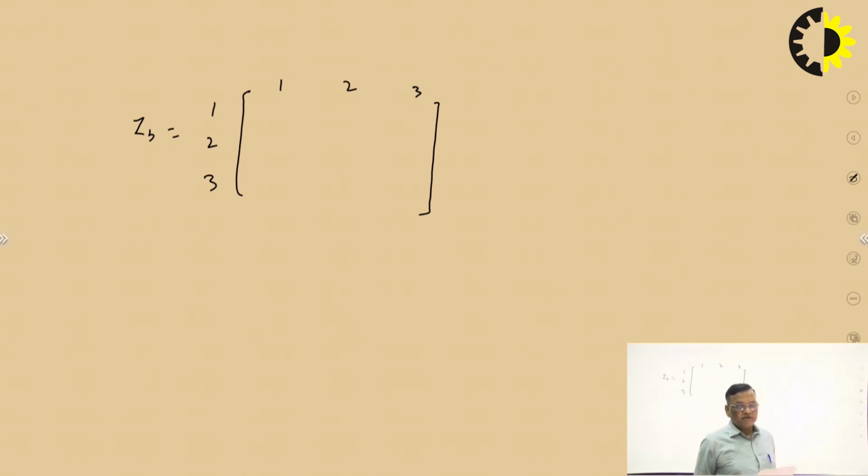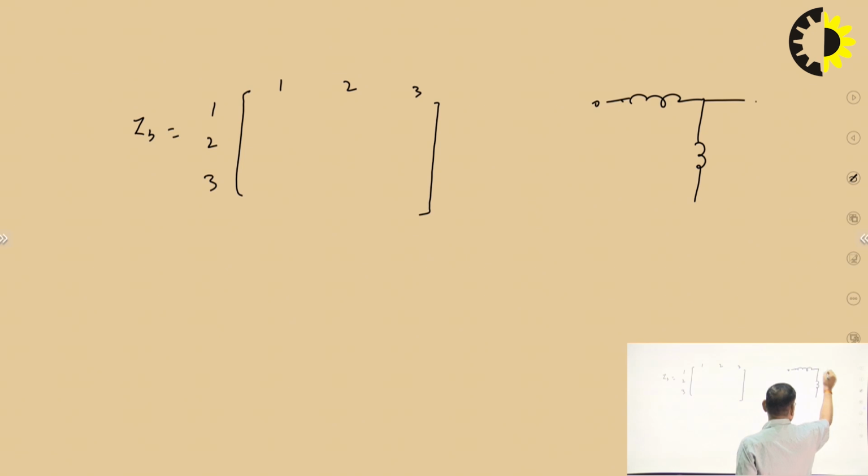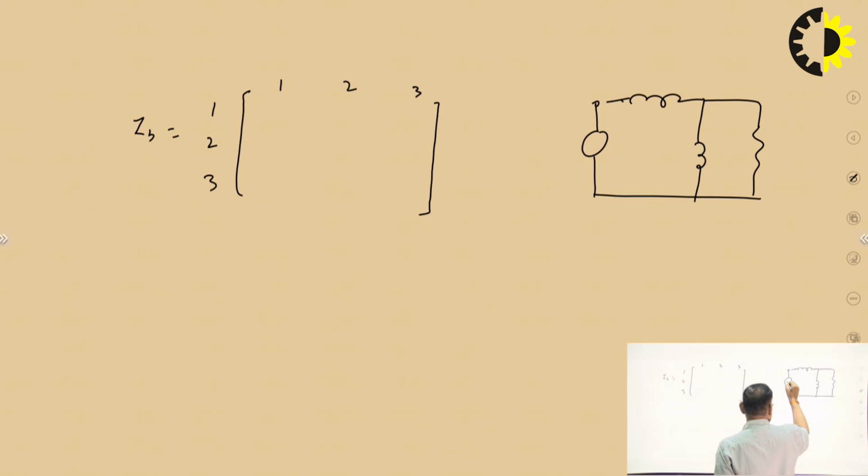The dimension is B by B, 3 by 3. So this is Z11, Z12, and Z13. Suppose I am drawing here for your reference so you can understand. There is a 1 volt source, this is your 2 Henry, with a dot here and a dot here, and the current is entering and leaving in this direction.